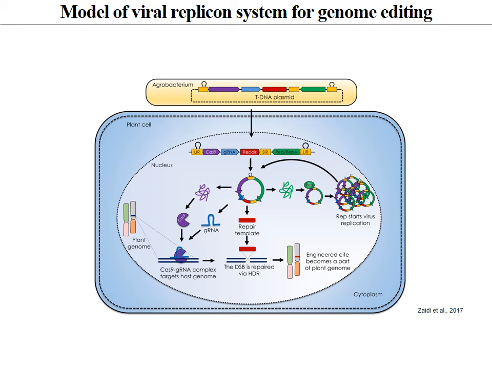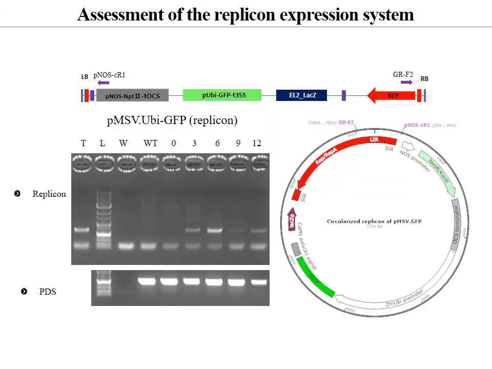So this means we can provide a high copy number of template, and we can express Cas9 and guide RNA very strongly. So it generates a good amount of double strand break and can provide a high copy number of template. So we are using this way.